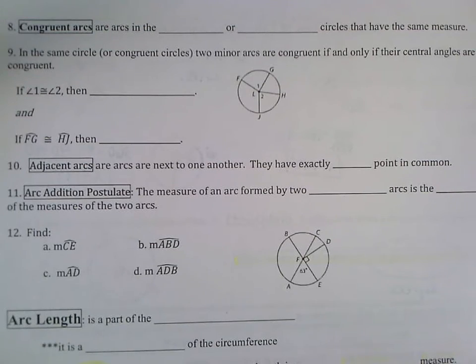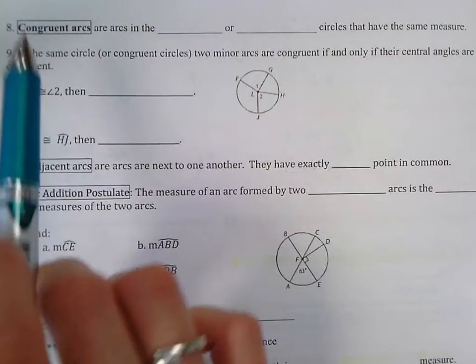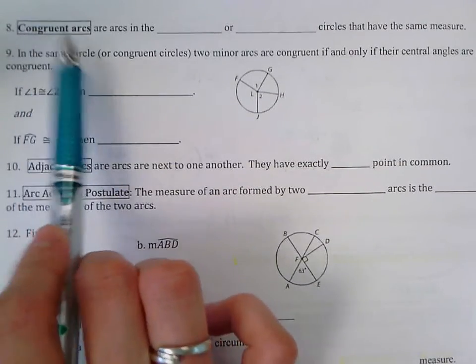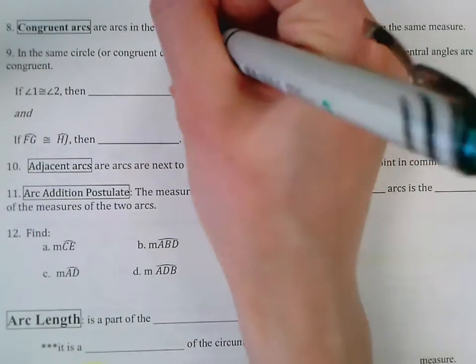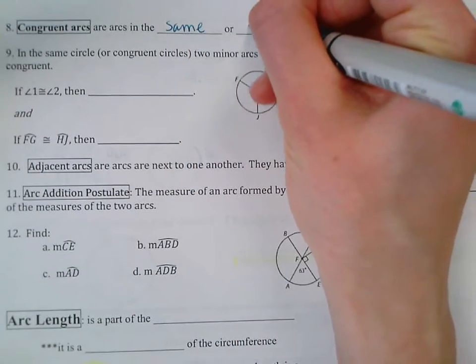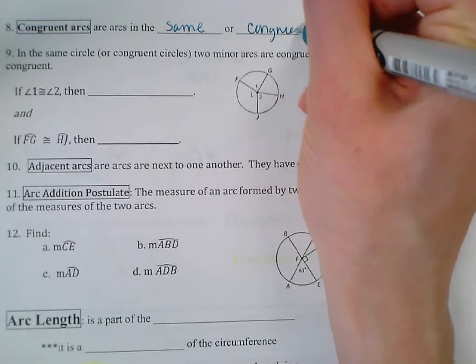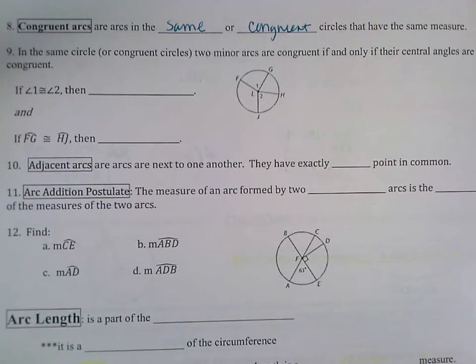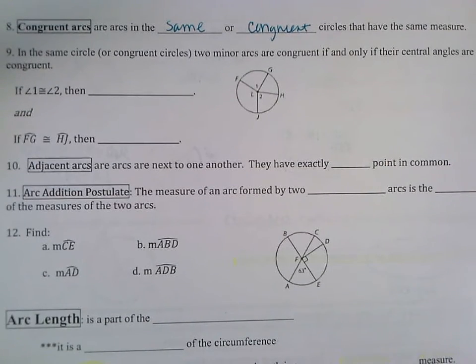So a little bit more about arc measures. We define congruent arcs. These are arcs that are in the same or congruent circles. So they can be part of the same circle or congruent circles, but they have to have the same measure. So congruent arcs have the same measure.